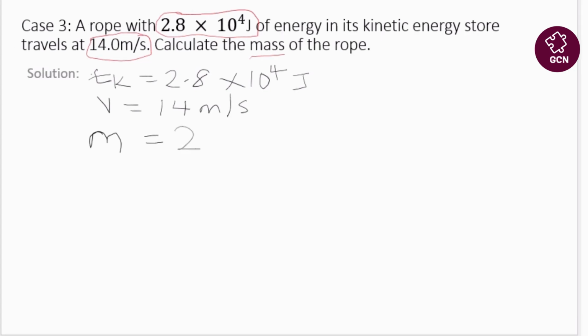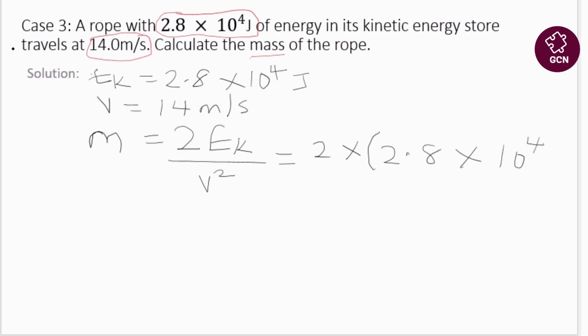Mass is equal to 2 E subscript K over v squared. So all we need to do is to put in our values. 2 times E subscript K, which is 2.8 times 10 raised to power 4 joules, everything all over v times v. I hope you know that v times v is the same thing as v squared and is different from 2v.